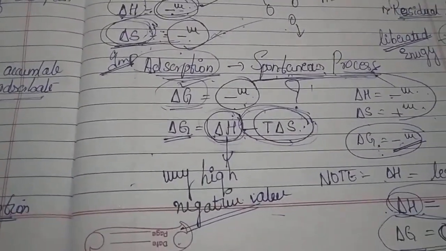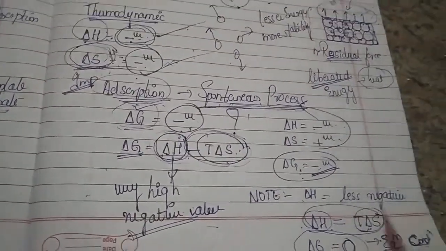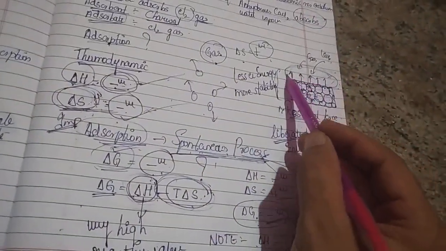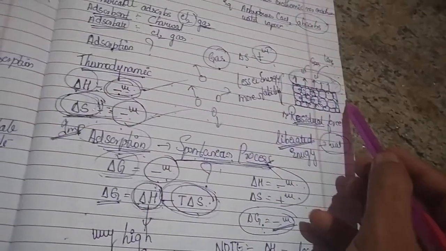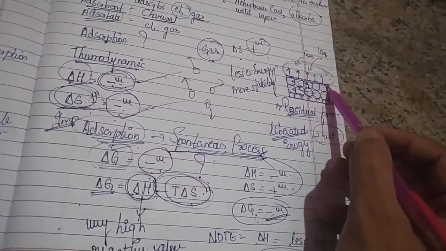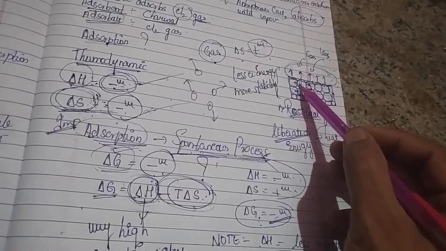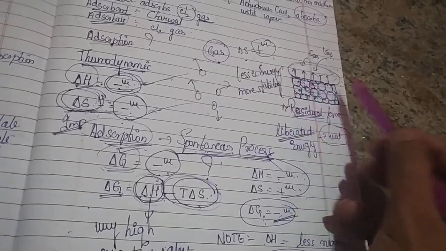It's a bulk phenomenon. When the question arises of why this adsorption takes place, it is mainly because of the residual forces of the molecules which are present on the surface of the solid. Mark my words, because of the residual force of the molecules on the surface of this solid.